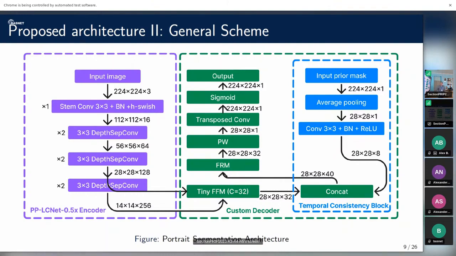For merging features from 2 resolutions, I use my tiny feature fusion model, in combination with prior mask features. I do feature refinement, and at the end I do extremely fast tensor upsampling to the segmentation mask. And it works.